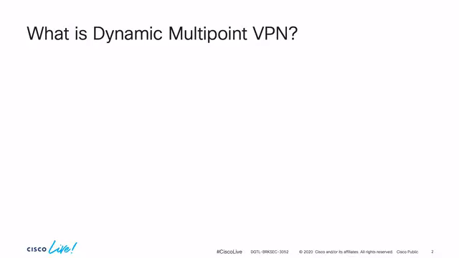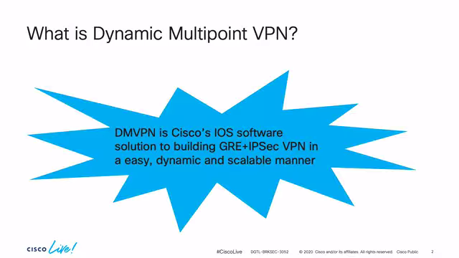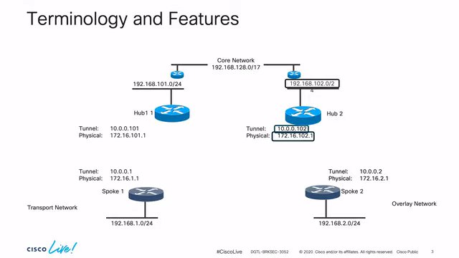It's always very important that we understand the terminology and features, because we in Cisco, as any other company in the IT industry, love our acronyms. So I want to make sure that all of you understand what I mean when I use these acronyms in this presentation.